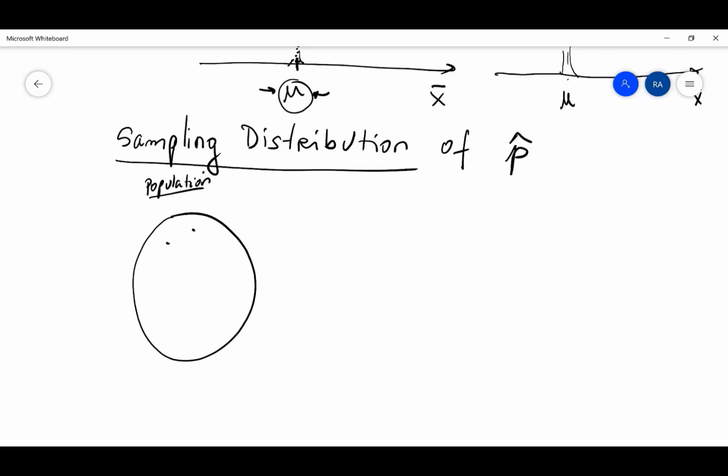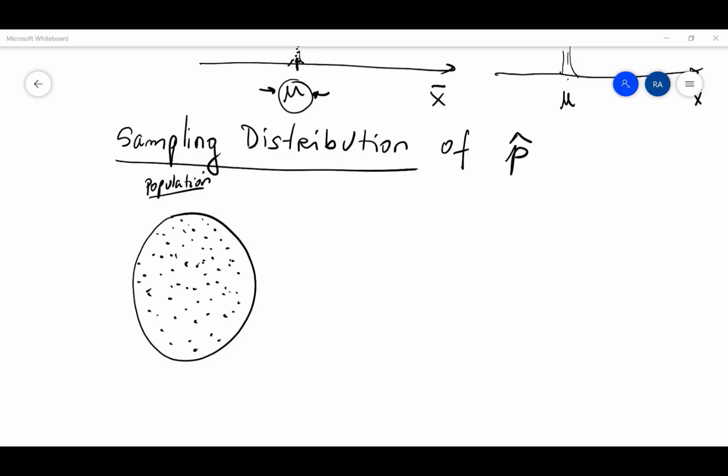Suppose that this is a population that consists of items, and remember, in statistics we study only one characteristic in those items, and the random variable that we use to represent this characteristic could be a quantitative variable or a qualitative variable.